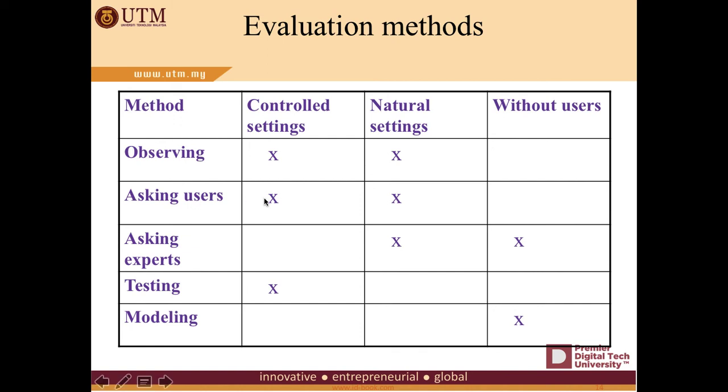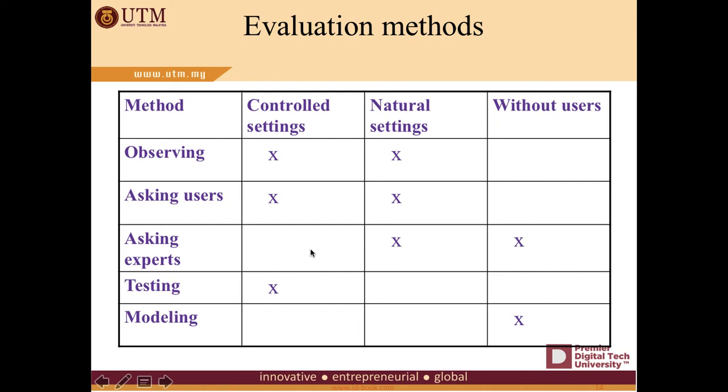Similar to asking users, in control setting we need to ask users, maybe through questionnaire or something else like survey or maybe interview. And natural setting also needs some element of asking users. But for without user, you don't have to ask users because it does not involve users. Okay, so you might go for expert reviews, such as heuristic evaluation and so on. Now, for asking experts, in control setting, you might not have to ask them.